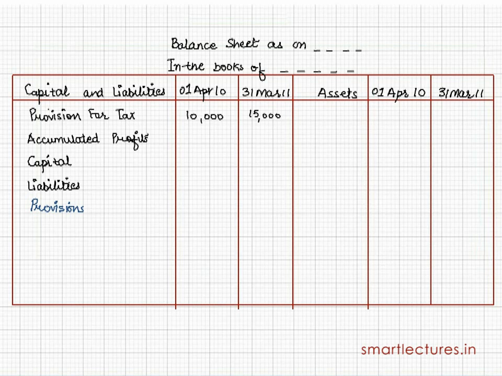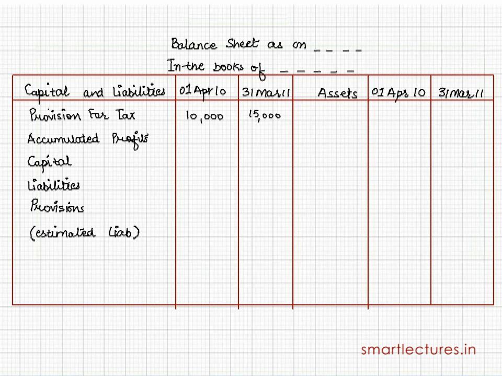Provision means an estimated liability that you have to pay in the future, but you don't know the exact amount, but you have to pay it. That is provision. So provision for tax means this is the estimated amount of tax that you have to pay during the year.